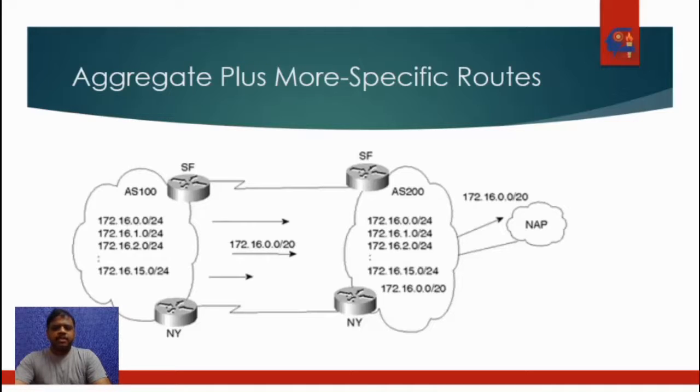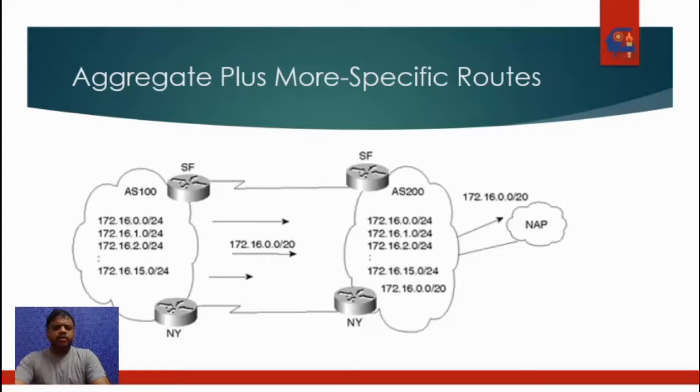Look at the topology here. Autonomous System 100 is multi-homed with provider Autonomous System 200 via the SF and NY links. Autonomous System 100 can send Autonomous System 200 the aggregate 172.16.0.0/20 only, or it can send the aggregate and all the more specific routes, any one of these combinations.